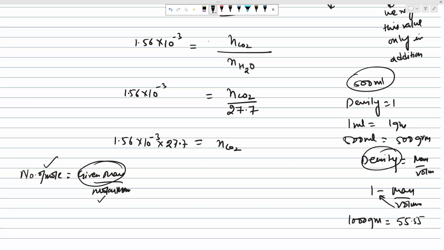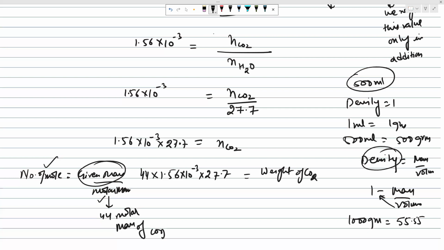The weight of CO2 dissolved will be equal to 1.56 into 10 to the power minus 3 into 27.7 into 44. 44 is the molar mass of CO2. Multiply this with the number of moles and you will get the value.